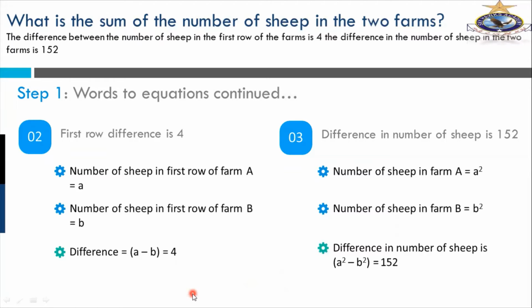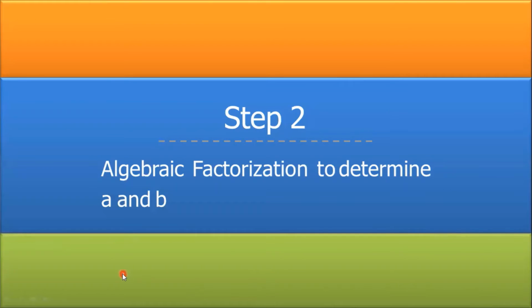Let's see the next one. What I was saying is that the first step was the key to the solution. We have converted all that story into the mathematical algebraic form. Now the next step is the algebraic factorization to determine A and B.